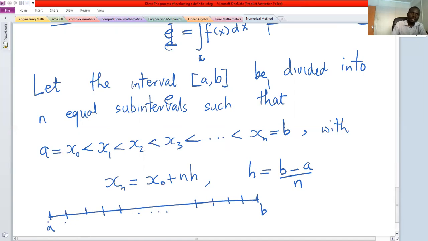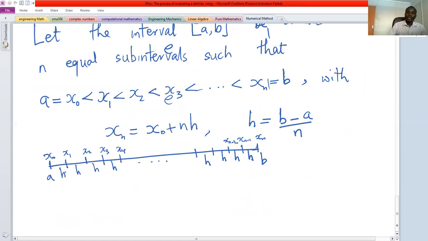So we have x naught, x1, x2, x3, x4, etc., up to the last one, xn. So xn minus 1, xn minus 2, in that order. And so the spacing is uniform: h, h, h, h, h. So we have n subintervals from a to b.